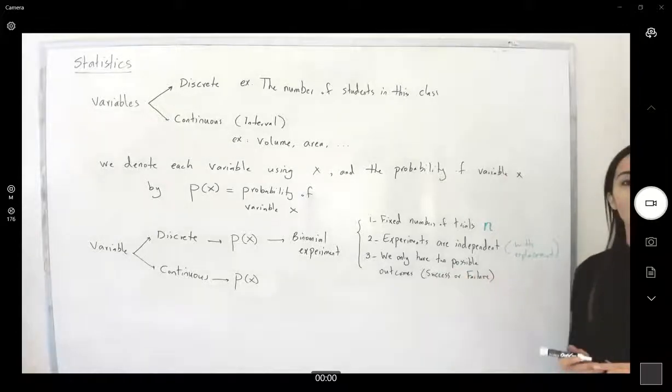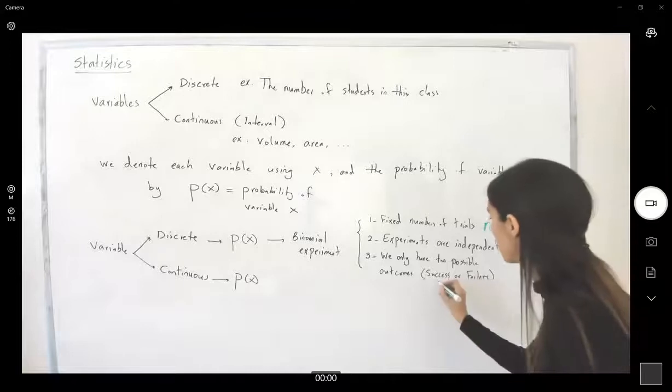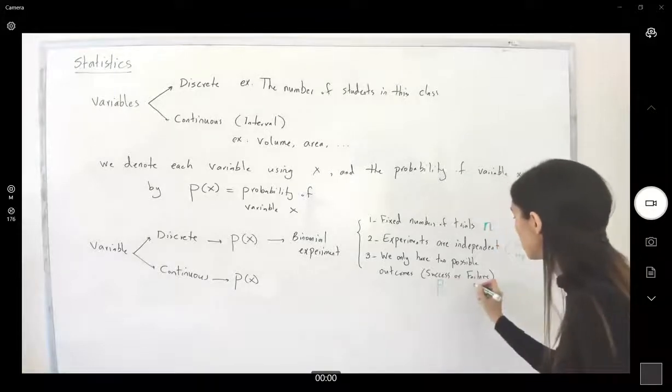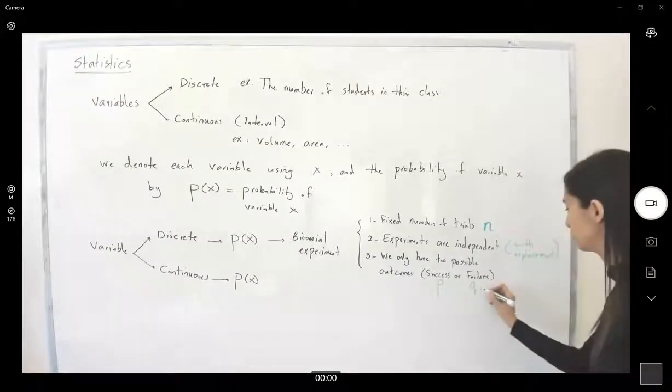The probability of success is denoted by P, and the probability of failure is denoted by Q, which is 1 minus P.